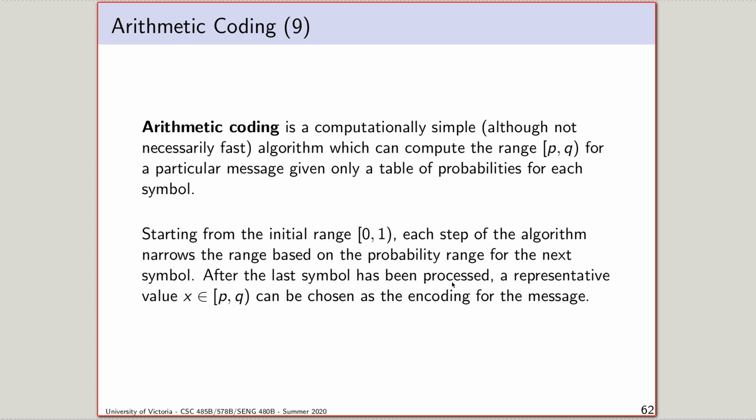So arithmetic coding, what I just did was a simple example of arithmetic coding. And the difficulty of arithmetic coding isn't the concept. It's still going to be a bit alien to people, but it's not the concept. It is how do we implement it? And there's a whole other lecture about that. That's what I mean by the difficulty. It is a pretty simple algorithm that, given a probability table, or given a way of computing the probability of each symbol at each step, computes the true probability range of an entire message.